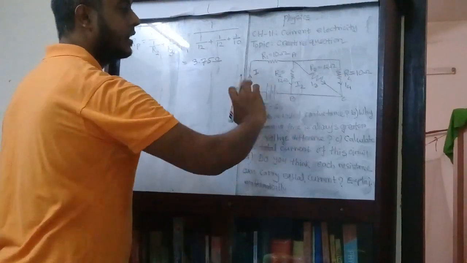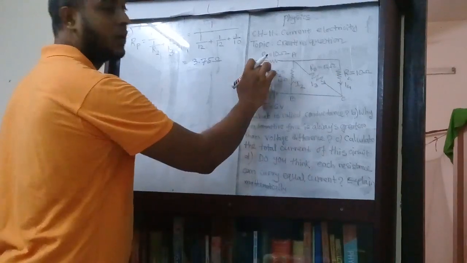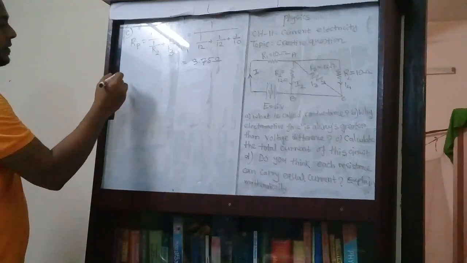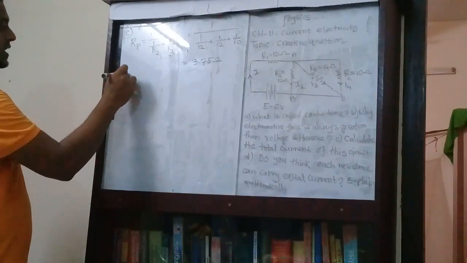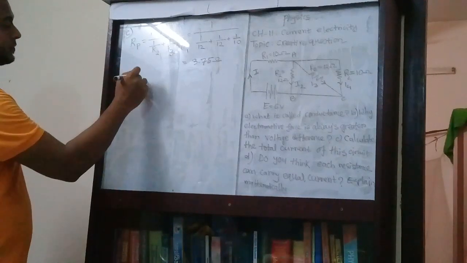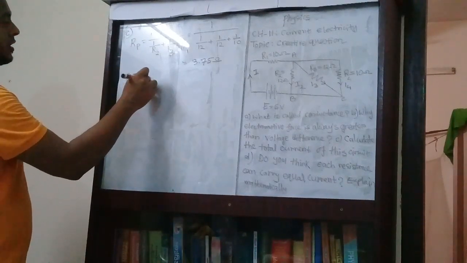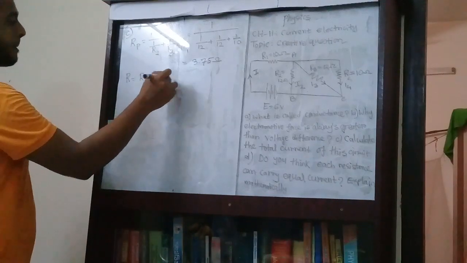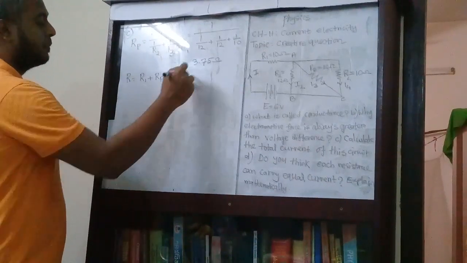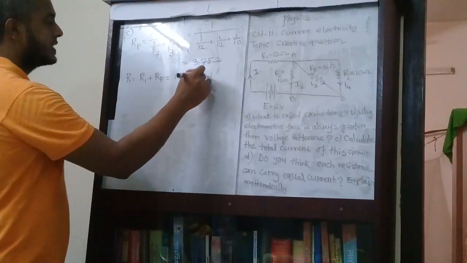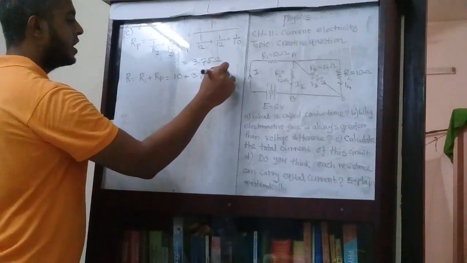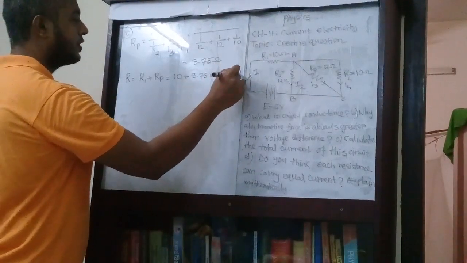These three resistances are connected in series with R1. So the total circuit resistance R will equal R1 plus RP. R1 equals 10 ohm plus RP equals 3.75 will equal 13.75 ohm.